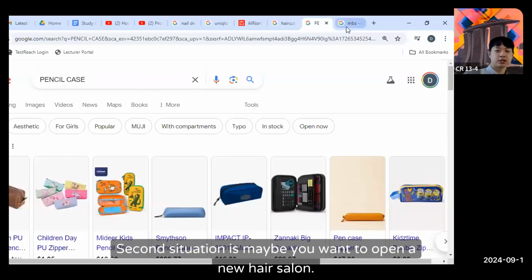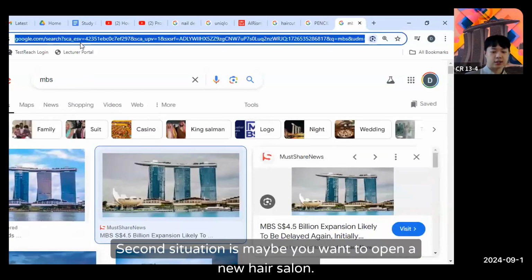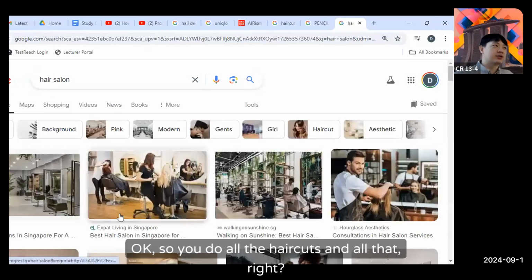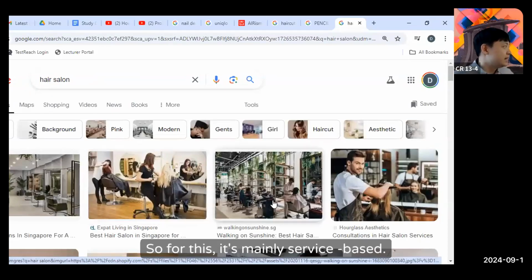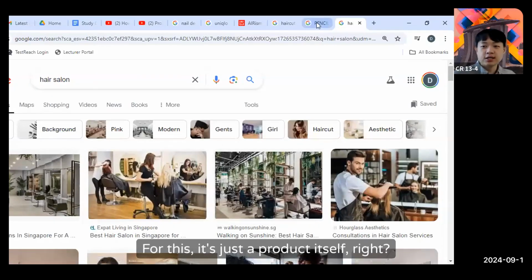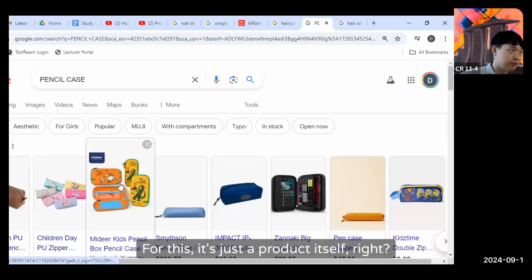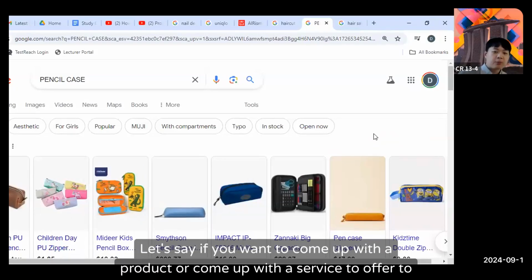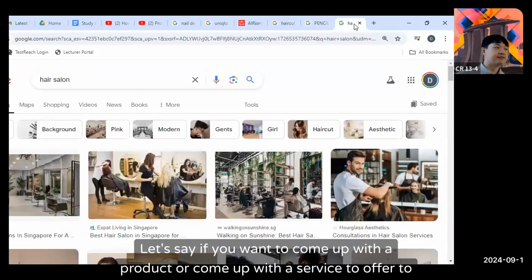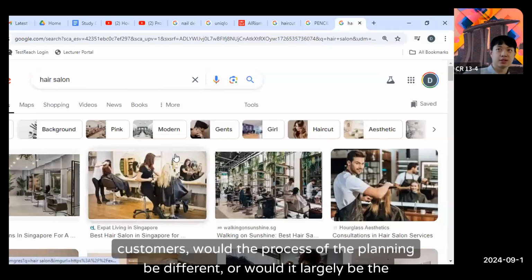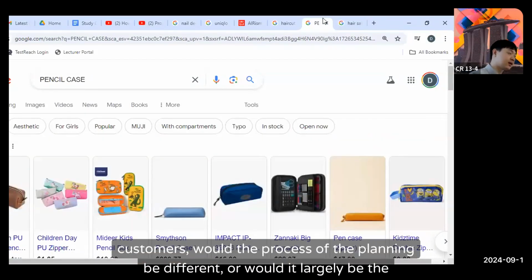The second situation is maybe you want to open a new hair salon, where you do all the haircuts and all that. For this, it's mainly service-based. For this, it's just a product itself. If you want to come up with a product or a service to offer to customers, would the process of the planning be different, or would it largely be the same?